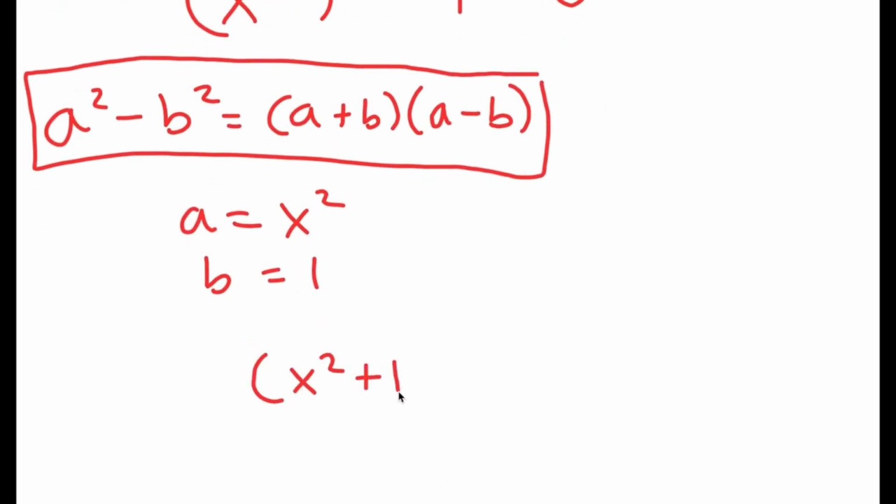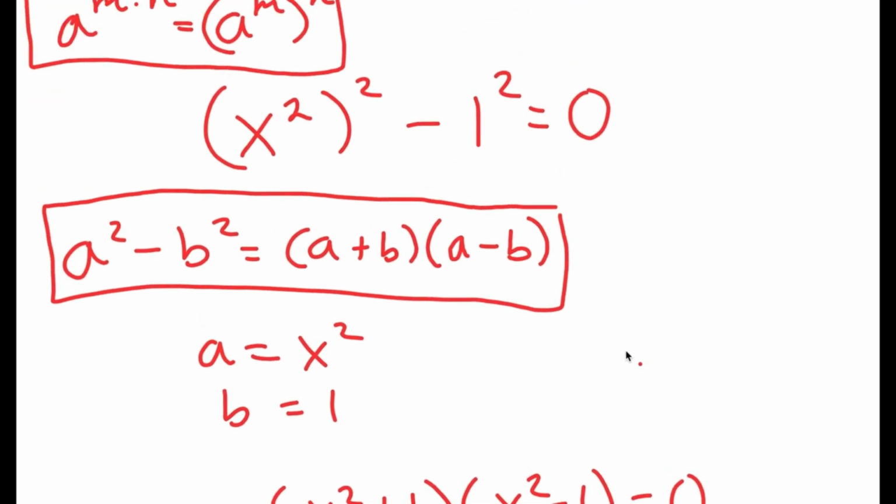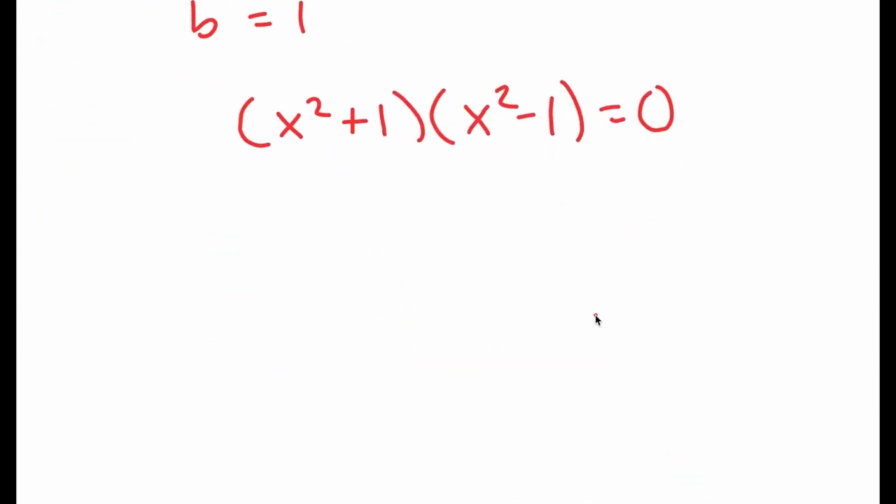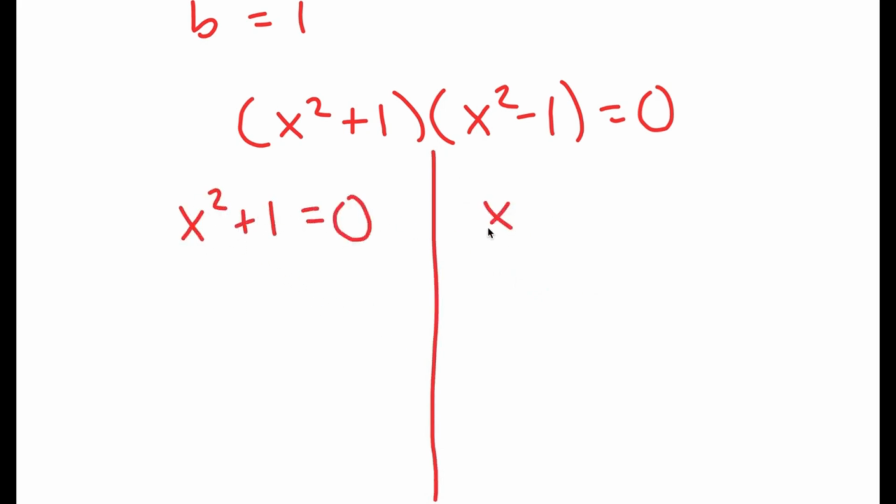So I get x squared plus 1 times x squared minus 1 is equal to 0. Now this gives me two equations. I get x squared plus 1 is equal to 0 and x squared minus 1 equals 0. So let's first solve x squared minus 1 equals 0 because it's simpler than x squared plus 1 equals 0.